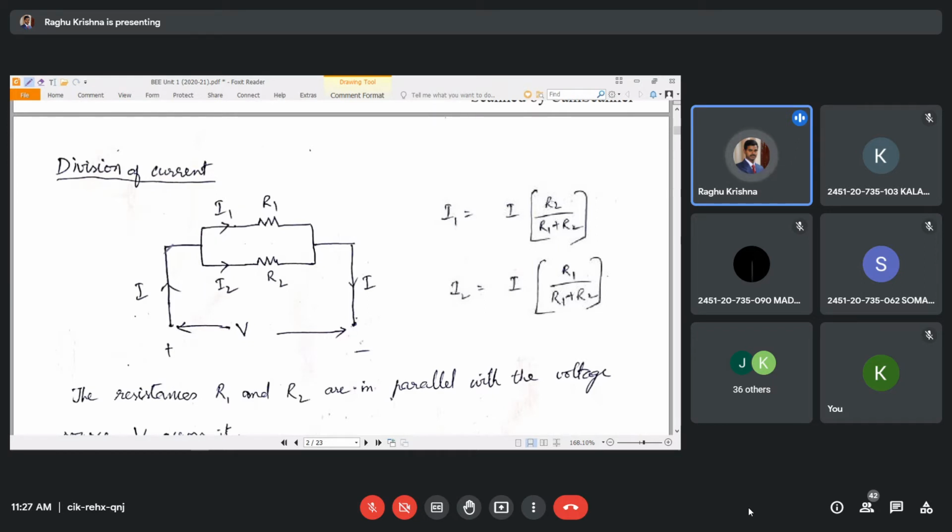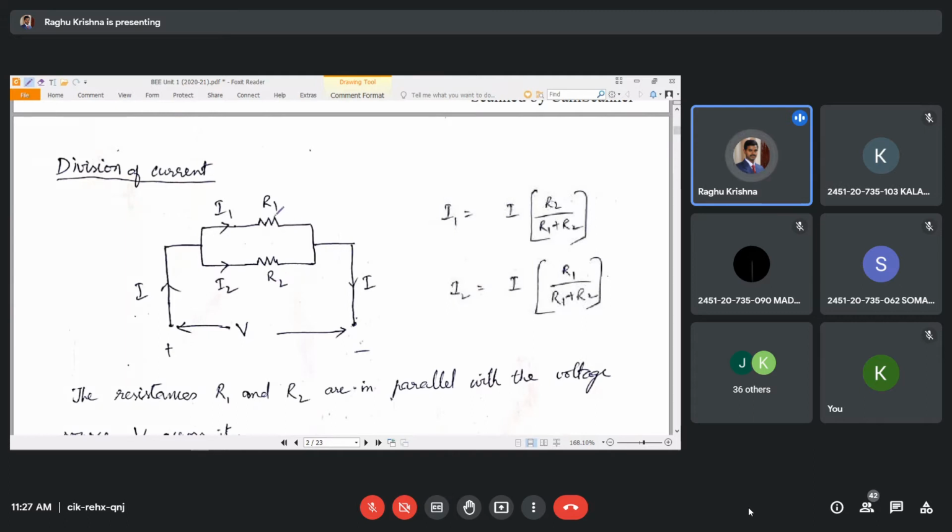So the total current I gets split into I1 and I2. Okay. If the resistors are in parallel, the voltage across the resistors will be the same, but the currents will be different, right? V is the voltage across the resistors R1 and R2.